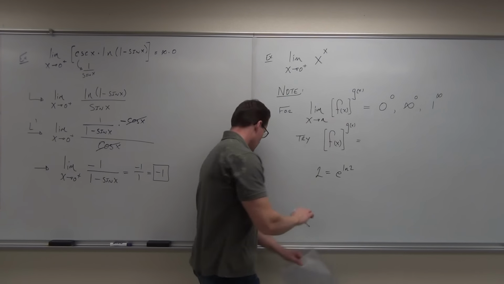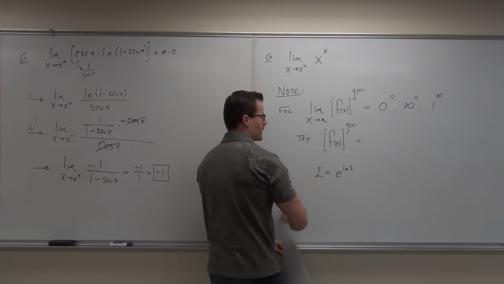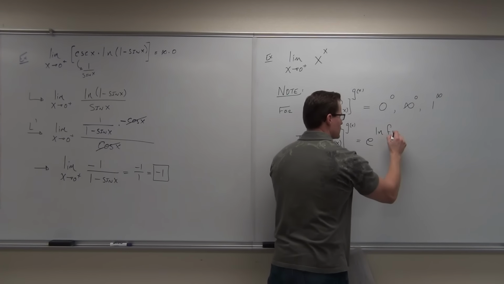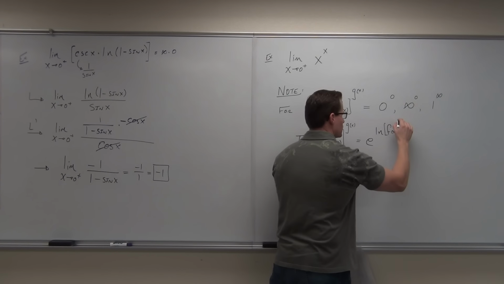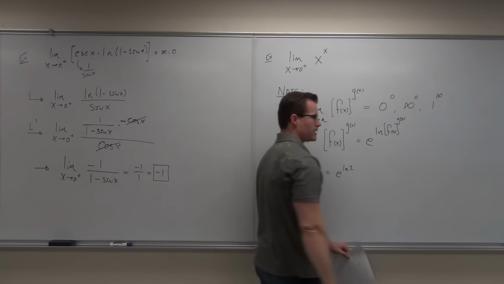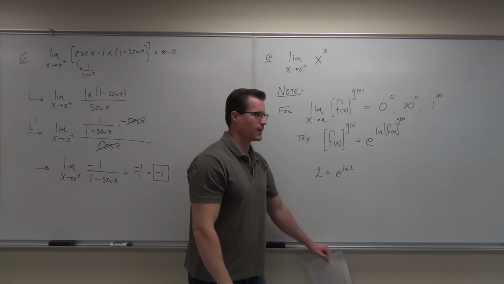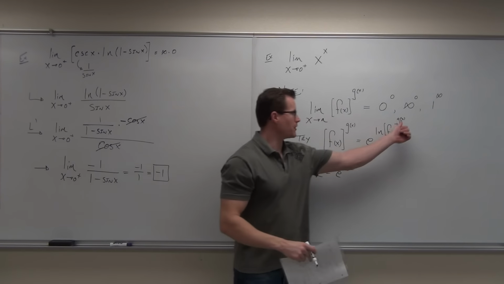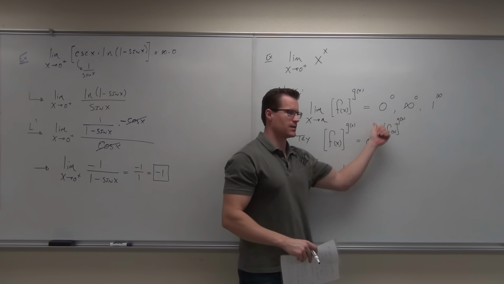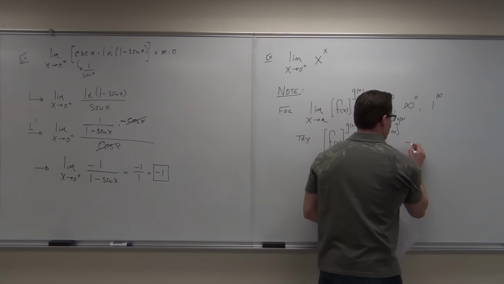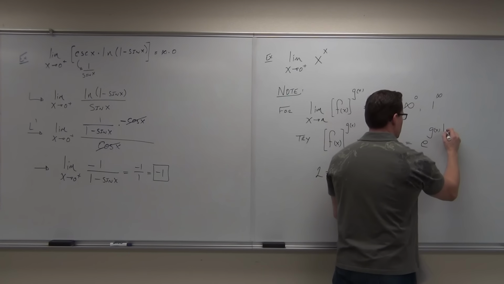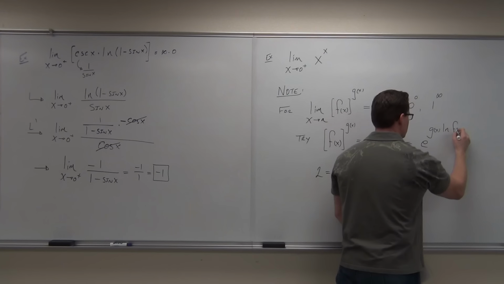Yeah. Therefore, this is the same thing as this. Do you believe it? Yes. Now, what does that allow you to do with that g of x? Bring it out front. So then this becomes e to the g of x ln f of x.